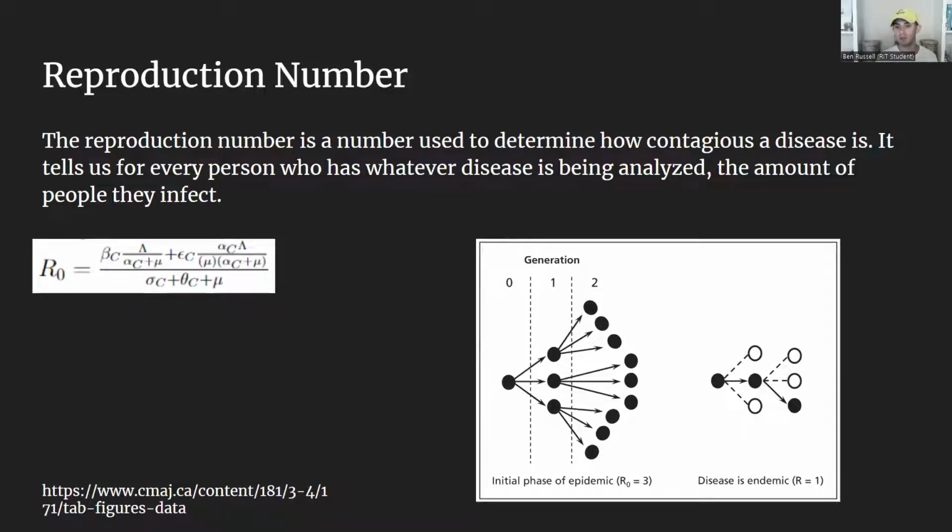More people are going to get infected because of you, and it's going to constantly grow. An endemic is just constantly, there will always be one. So for an endemic, our reproduction number would be 1. However, what we're really interested in is what happens if it's less than 1, especially at the disease-free equilibrium. Because if it's less than 1 at the disease-free equilibrium, then we know that our system is working.